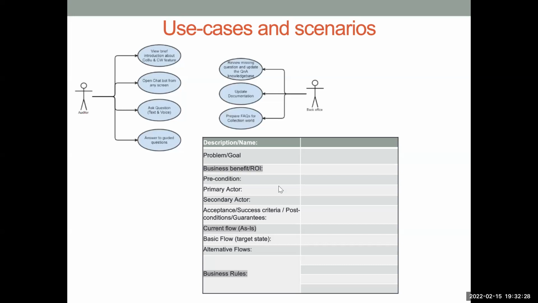Another thing which is complementary, not in the BABOK, is the current flow. Again, it's optional. Sometimes, in certain cases, I would put a couple of lines or even the flow how it is right now, to understand what we're actually changing. And then there is the basic flow, or target state, whatever you call it. It's the flow where you describe the regular normal flow, and then there are alternative flows, can be one or several.